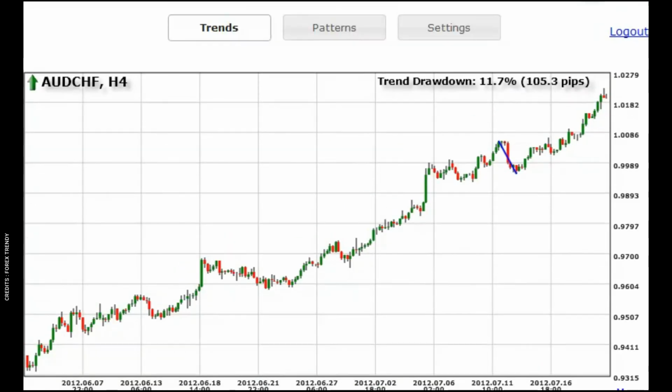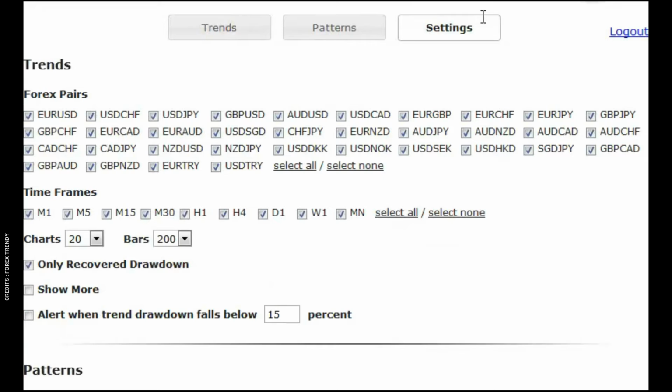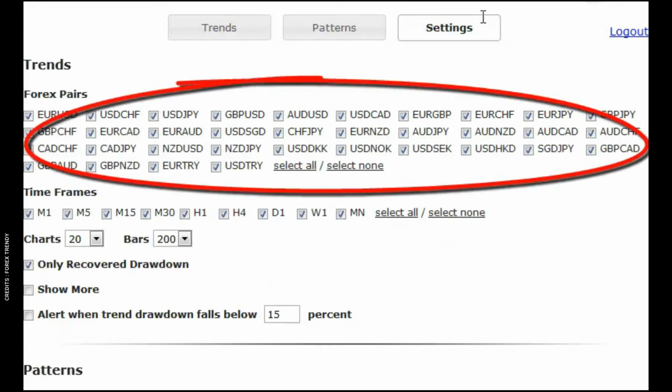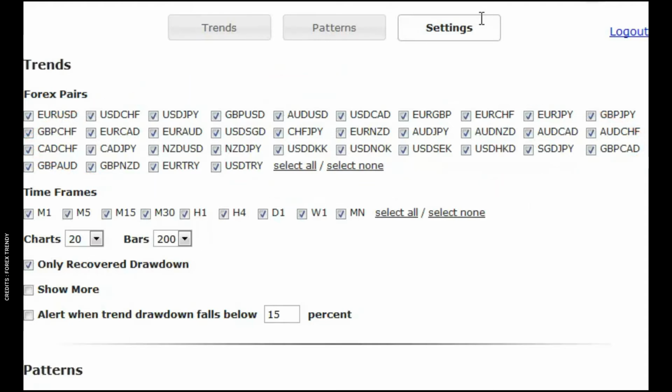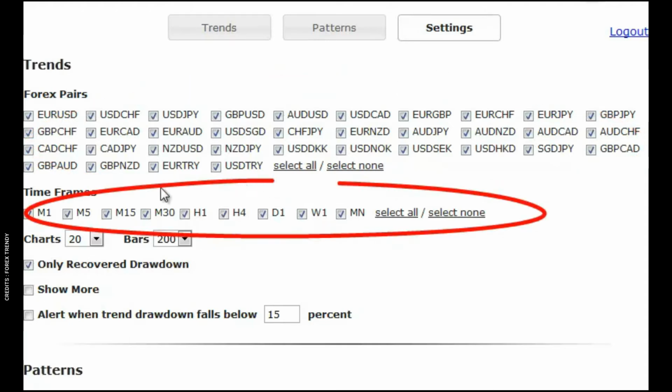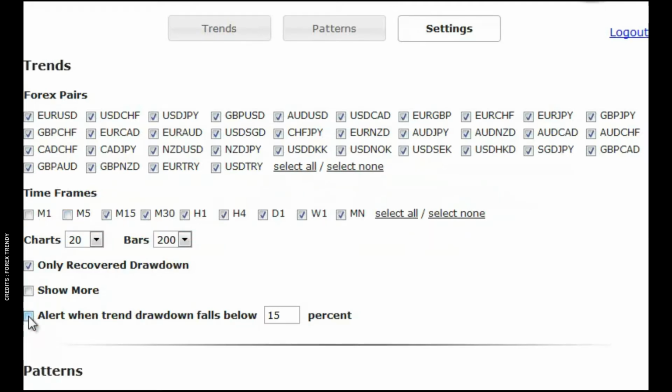So let's go back into Settings. And here you can select only particular currency pairs or deselect pairs you do not want to trade or that are not in your trading platform. You can also deselect timeframes, for example, the lowest timeframes. You can set up alerts when the trend drawdown falls below, let's say, 15%.